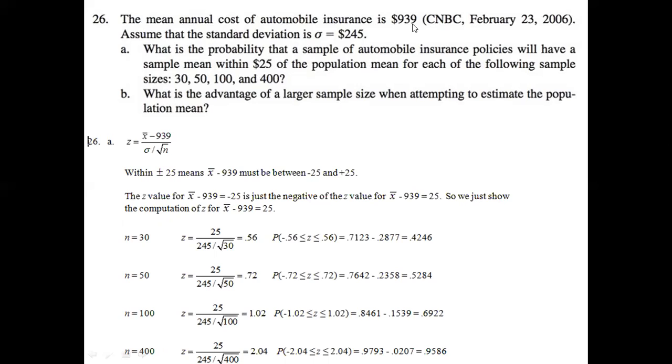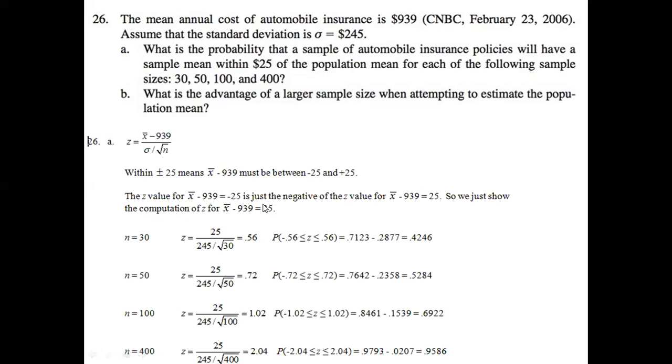So instead of doing each of them plus 25 and minus 25, if we just say that the difference here is going to be 25, and then whatever value we come up with for the z, we look at the plus and the minus value in our z table, then that will get us what we need.